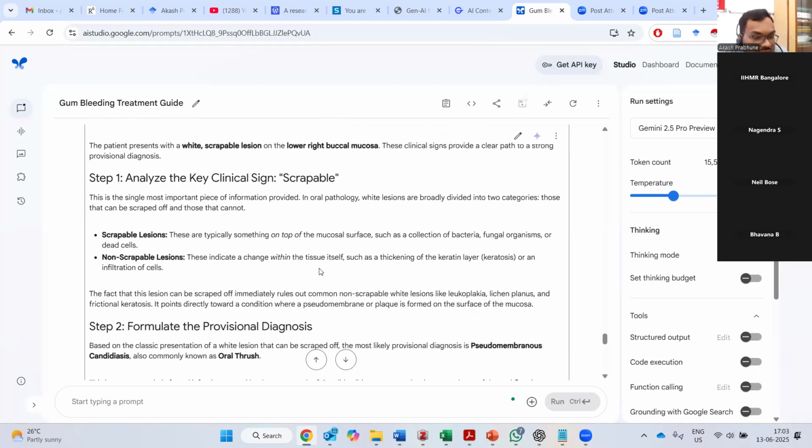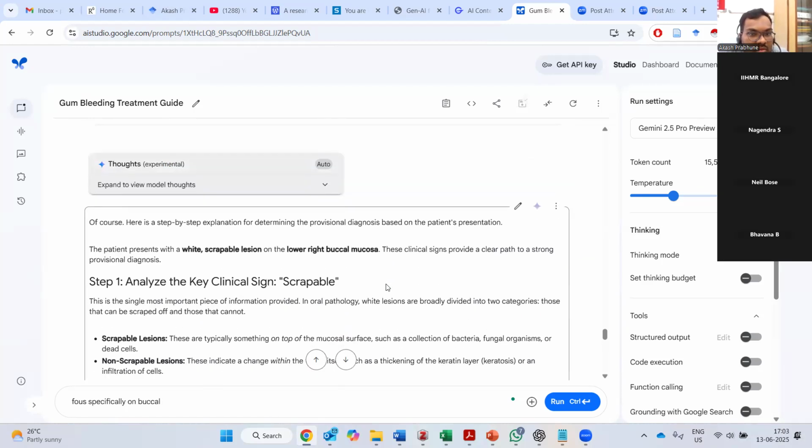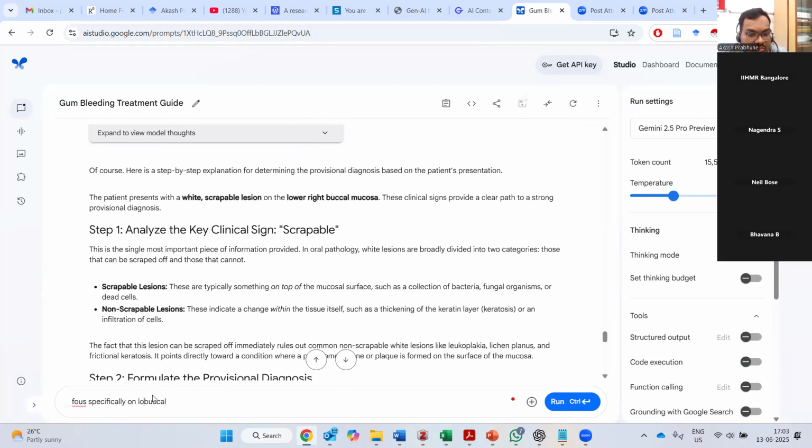Candidiasis erupts all over, but if I say, focus specifically, sorry, on buccal, what I mentioned, right, left, on the lower right buccal mucosal region, can you apply step-by-step logic for diagnosis?